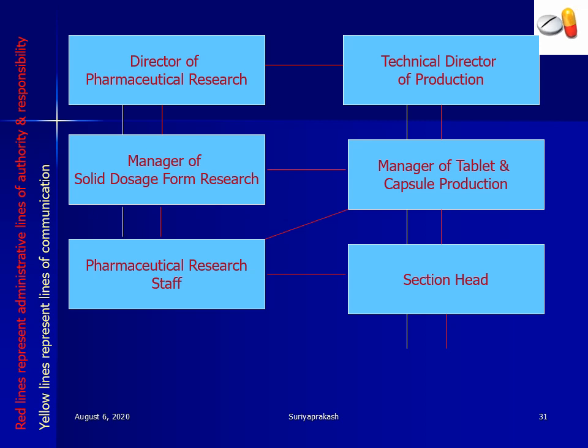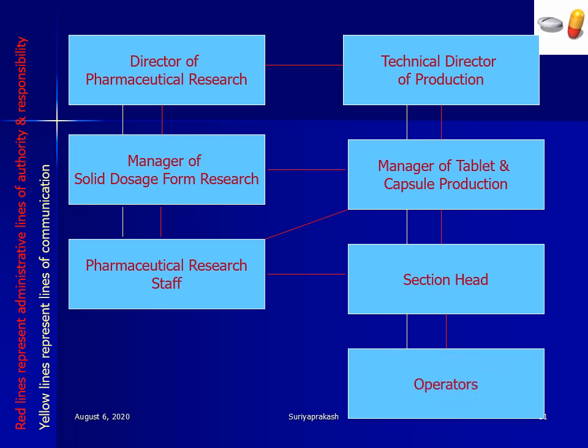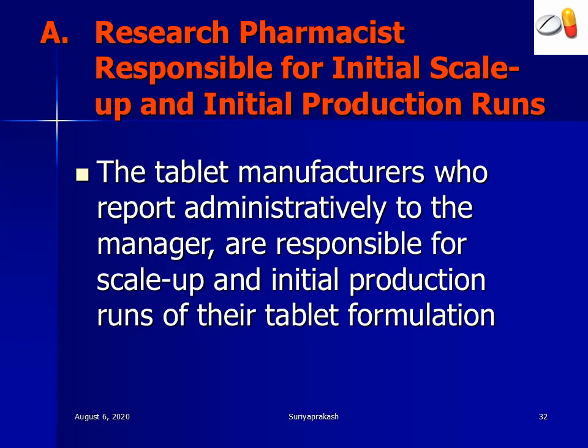Now we have deputed R&D staff to the production area for pilot plant and scale up study. Do you understand? Research R&D person is going to the production area to do the R&D study. Right. Now let us see the advantage, then you will understand better. The research pharmacist is responsible for initial scale up and initial production.